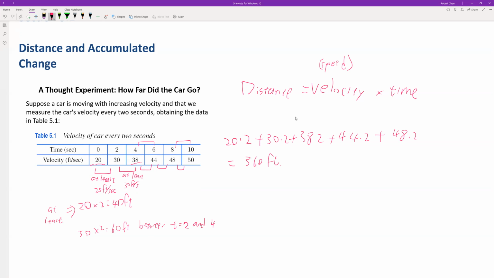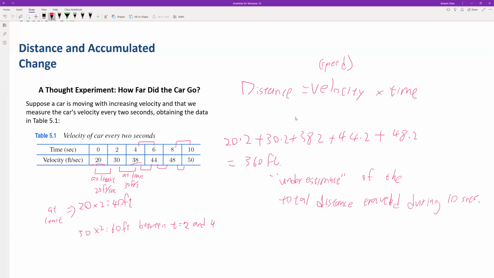So the 360 feet is an underestimate of the total distance traveled during the 10 seconds period.